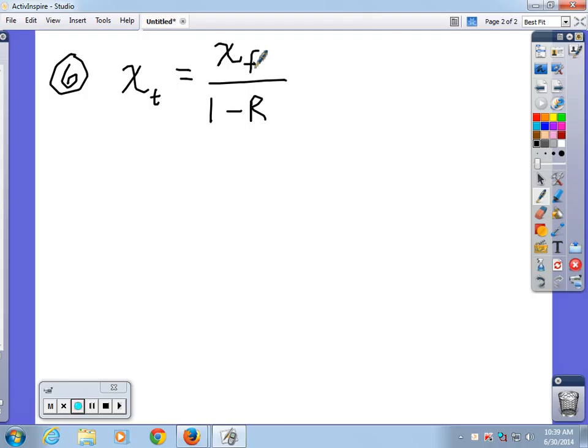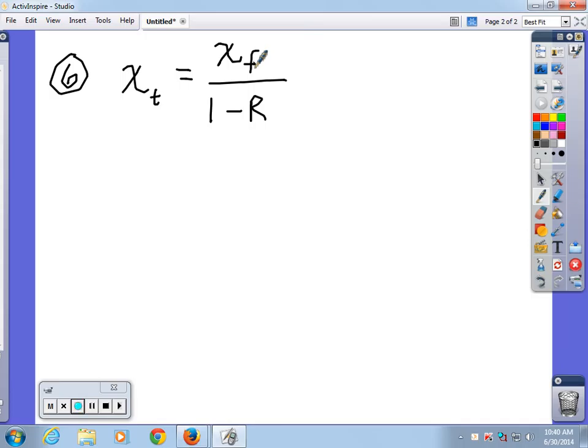Now, I'm not going to tell you what to solve for because you don't need to worry about that right now. You need to get rid of the fraction. So multiply both sides by what? 1 minus r.